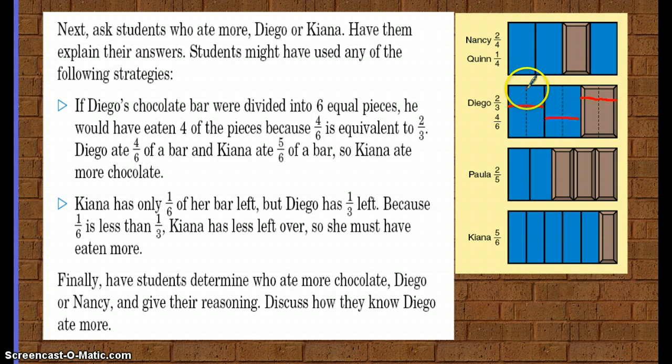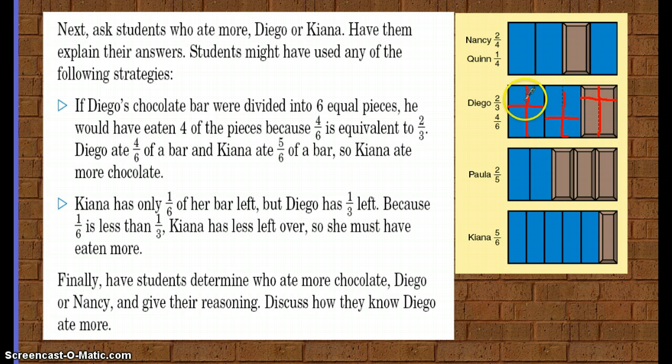But this time they decided to divide it into 6 sections. So all they did was evenly divide each section into 2 pieces apiece. So now instead of 3 fatter sections, you actually have 6 thinner ones. That's why they're equivalent. They're the same size and the same amount is being eaten.